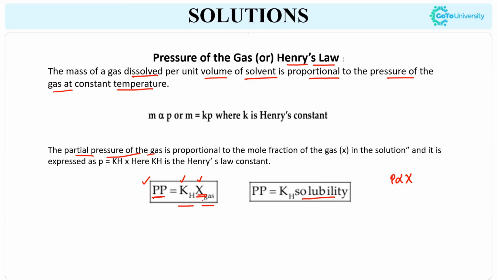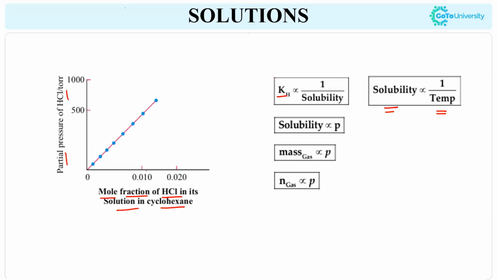So when the mole fraction of the gas is increasing, obviously the partial pressure will also increase. That's why we are getting a straight line passing through the origin. Okay, this is how we are explaining Henry's law, and we need to know these relationships to find out the parameters if they're asking some problems. Okay, that is the thing.